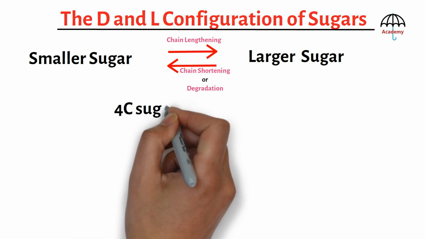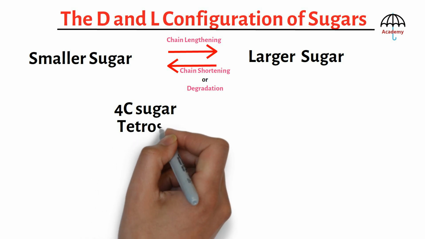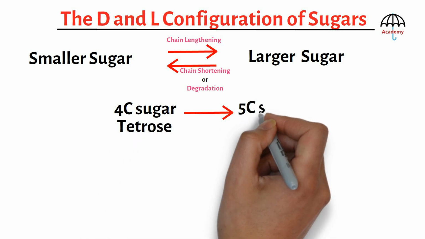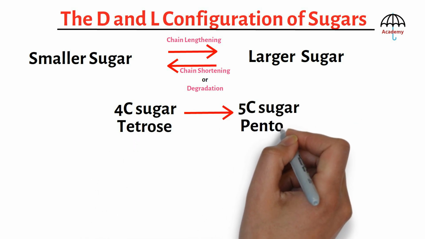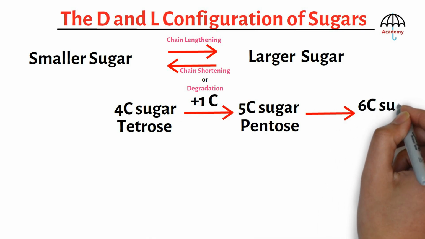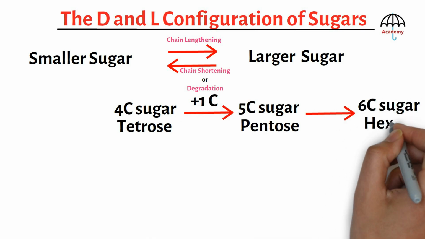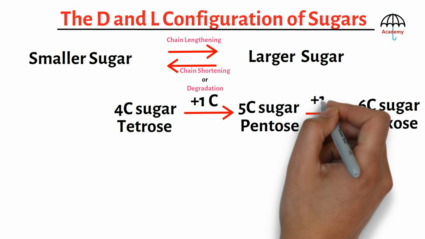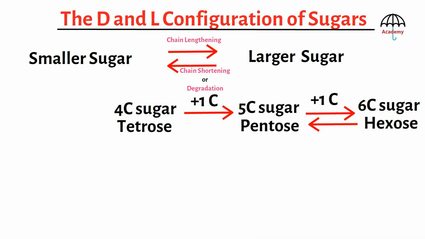For example, a 4-carbon sugar called tetrose can be converted into a 5-carbon sugar called pentose by adding 1 carbon atom. This can in turn be converted into a 6-carbon sugar called hexose by adding 1 carbon atom. The reverse process of chain shortening or degradation can convert hexose into pentose by removing 1 carbon.